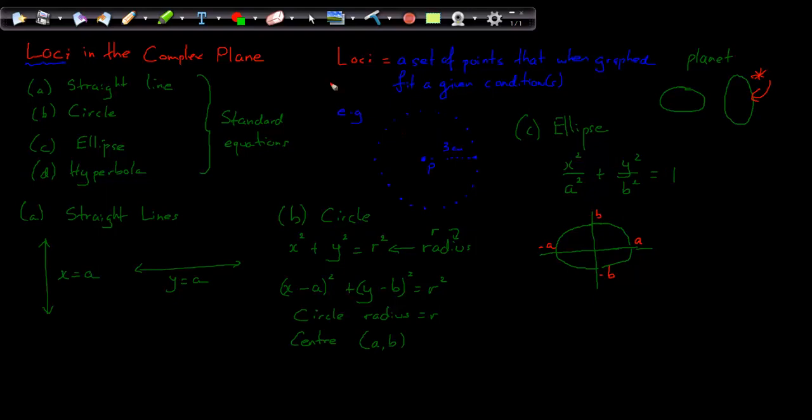Okay, and what about an ellipse where the center isn't at the origin? Like here at the moment, this is our center, 0, 0. And what we're going to find, like the circle one, if you move the center away from the origin, we end up with an equation of this format.